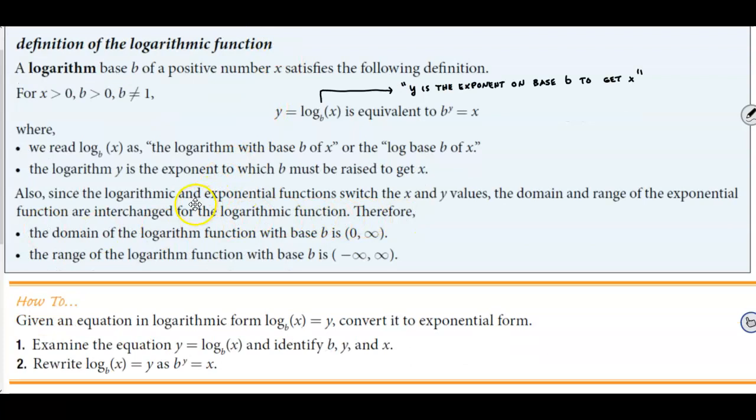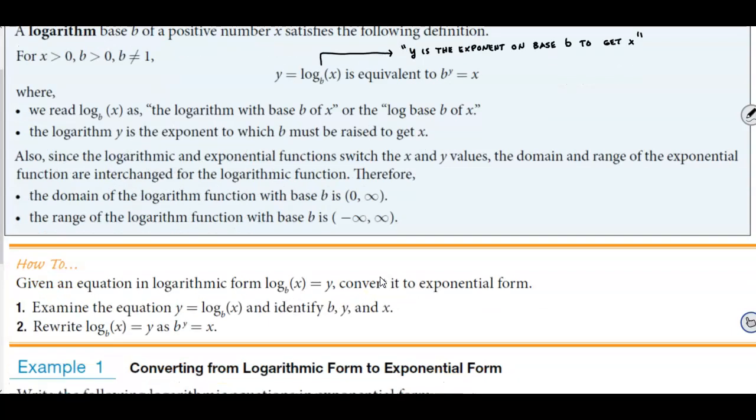Also, since the logarithmic and exponential functions switch the x and y values, the domain and the range of the exponential function are interchanged for the logarithmic function. Therefore, the domain of the logarithmic function with base b is going to go from 0 to infinity, whereas the range of the logarithmic function with base b is negative infinity to positive infinity.